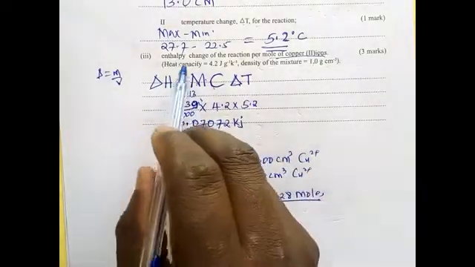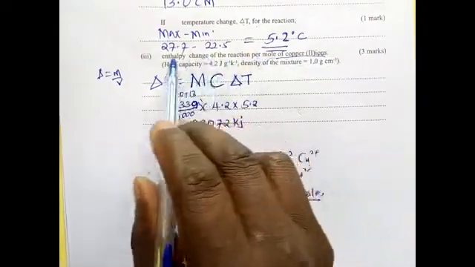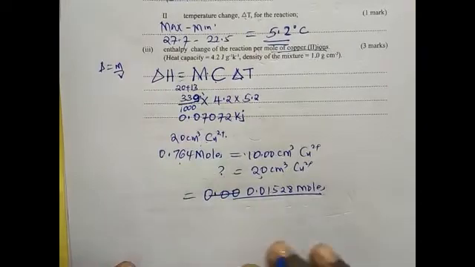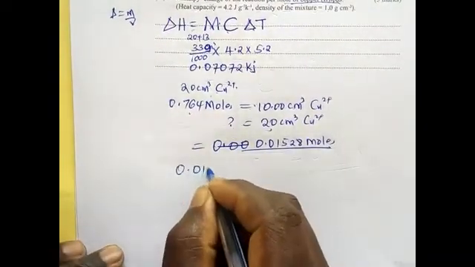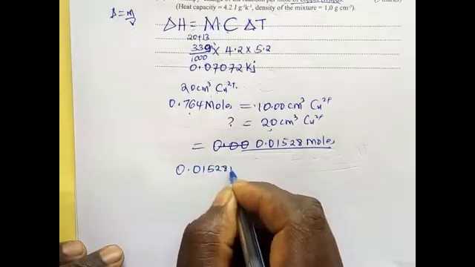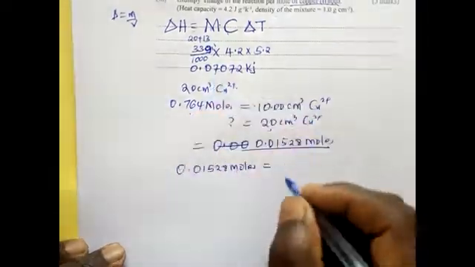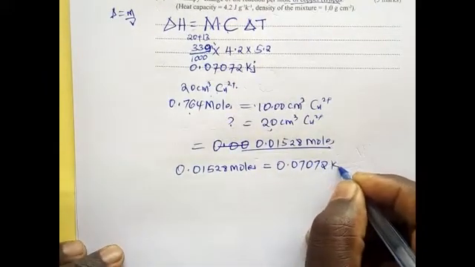So now we want 1 mole. Remember, enthalpy change is per mole, per 1 mole. So we will say 0.01528 moles was able to produce this amount of heat, 0.07072 kilojoules.